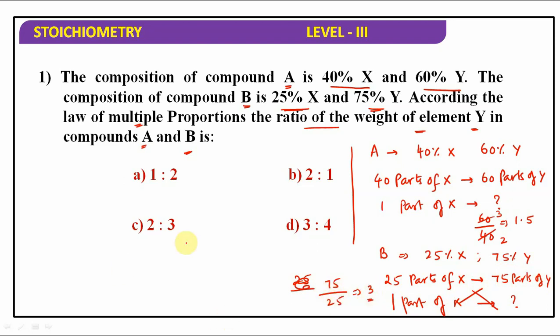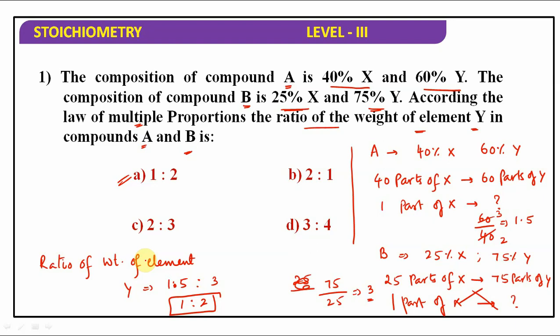So the ratio of the weight of element Y can be taken as 1.5 is to 3, that I can give as 1 is to 2. Hope you understand. So option A is the correct answer for this.